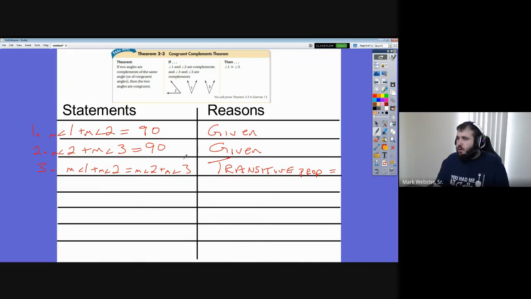And again, notice in the last one, I think they had angle 1 and angle 2, and then angle 1 and angle 3, and then angle 2 and angle 3. But see, it doesn't matter. We still have a pair of angles that we can subtract that'll leave us with the thing that we wanted, right? So I'm going to use the subtraction property to subtract the measure of angle 2.